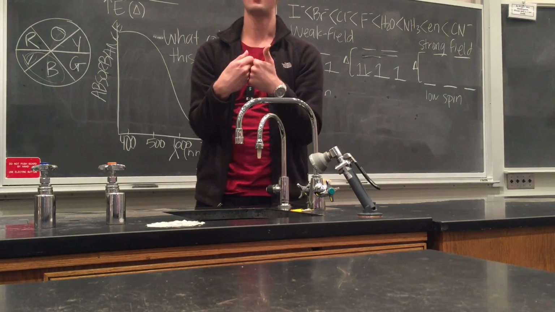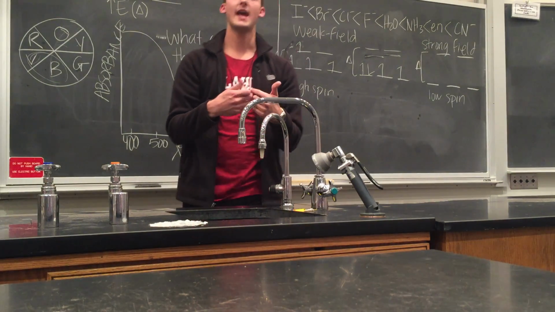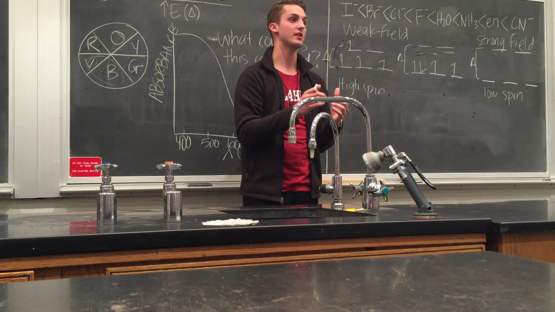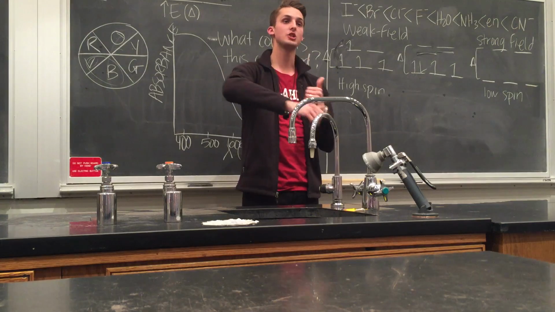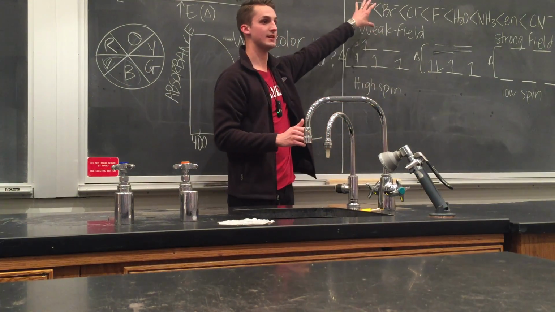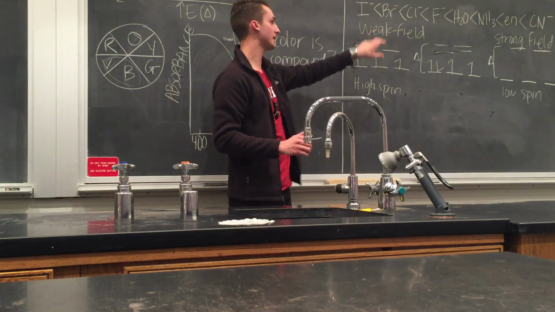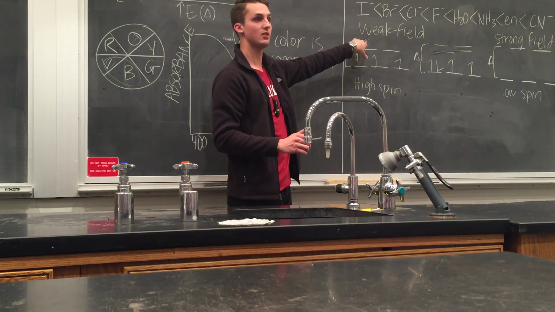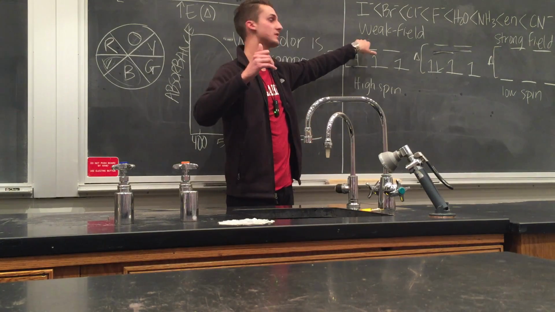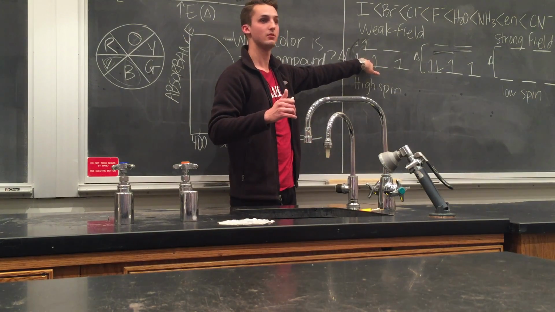Now, if electrons are high spin, that means they have a high spin pairing energy, and that pairing energy is going to be greater than the energy of just going up to the next level. So high spin electrons from these ligands will form this. They would rather just take this hike up to the next level than flip their spin and get paired up.